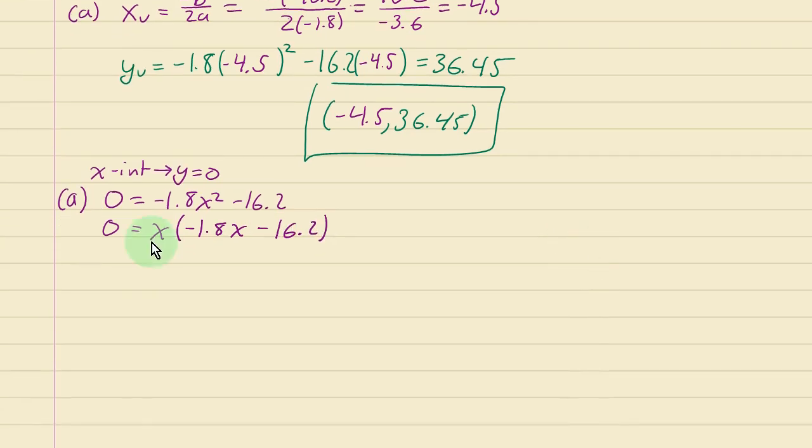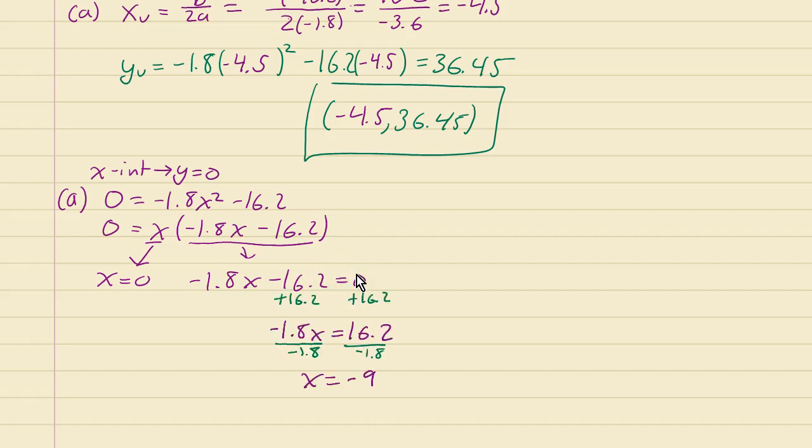And then that gives you either x equals 0 or this thing is 0. And we can solve this for x, and that gives you x equals negative 9. So those are the two x-intercepts, 0, 0, and negative 9, 0.